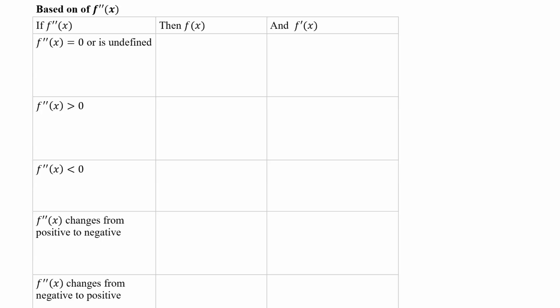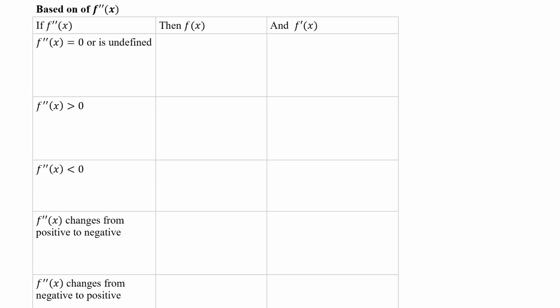So now if we're looking at the second derivative graph, we can draw some conclusions. Let's think about each of these attributes for our second derivative graph and what they tell us about a function.